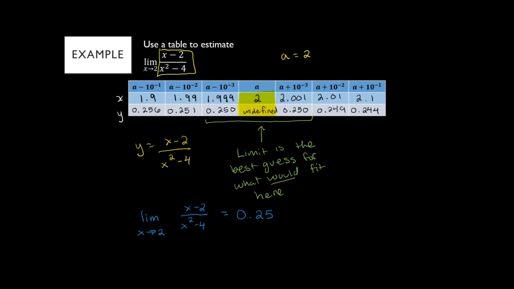It should be 0.25. So you have to actually say what the limit is. You have to give me some answer there. You can't just fill in the table. You have to actually answer the question and give a limit using the limit notation.